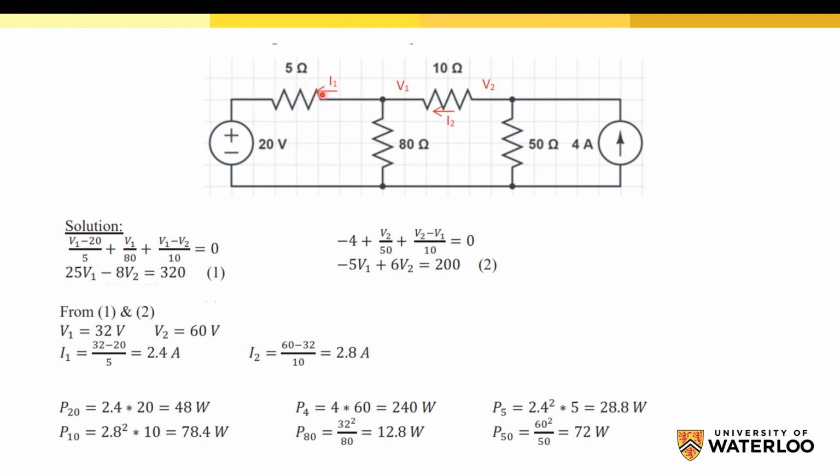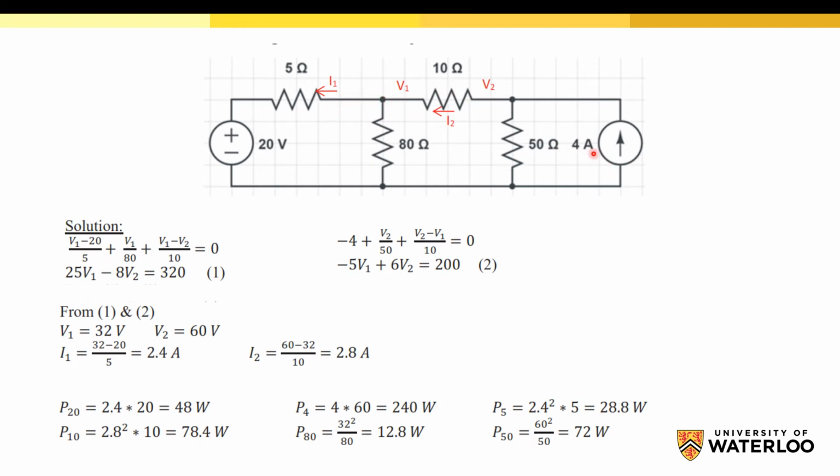In order to know, we need to look at each source and see the direction of the voltage and the direction of the current. For example, for this 20 volt source, this is the direction of the voltage from negative to positive, and the current is entering from the positive side. This current I1 is positive, so this is the correct direction for the current, which means this source is dissipating or consuming power.